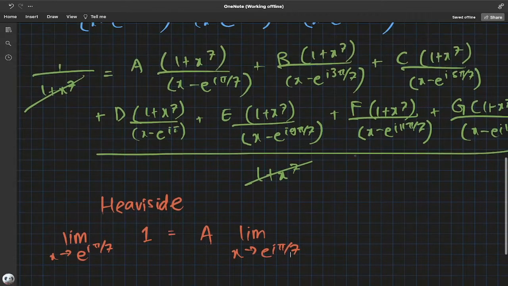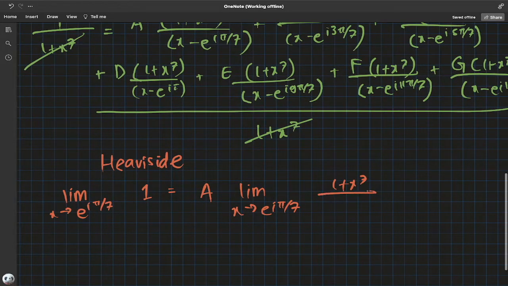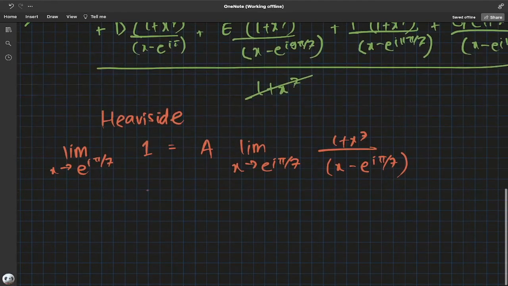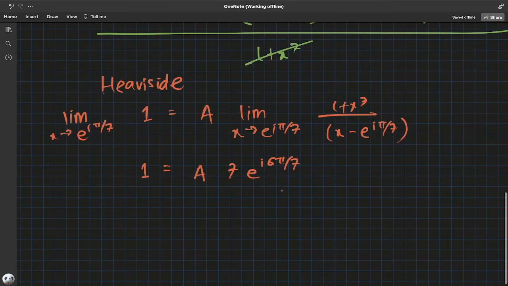So I'm just writing this out, and I'll start skipping steps going forward as the pattern becomes more and more clear. Now we have this 0 over 0 situation, so just L'Hopital's rule, don't think twice about it. We have 7 x to the 6th, and x is evaluated at e to the I pi over 7, so raised to the 6, so e to the I 6 pi over 7. And then the denominator differentiates to give you 1, so you don't need to worry about it.